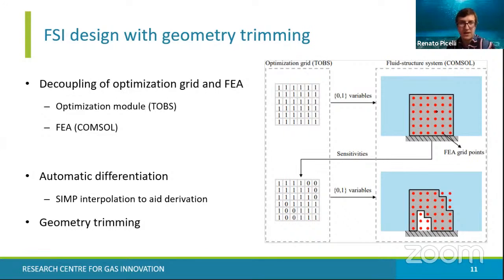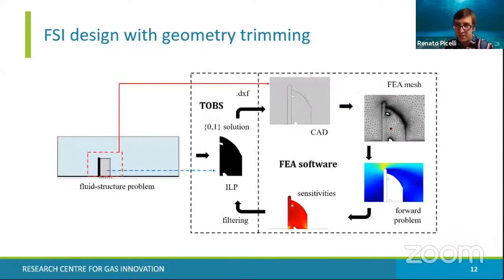I think it's relatively cheap for the complexity of the problem, because we have a very coarse mesh. It's only refined where it's more important, that is the FSI interfaces. So of course, if I had the same discretization as TOBS here, that would be quite expensive.